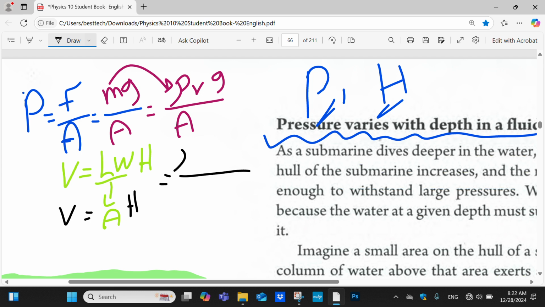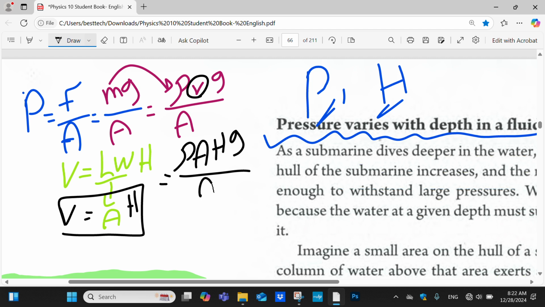Write down the density rho, but instead of the volume, write A H, and bring down the g, over the same area. Now I'm going to tell you why we change the volume to A H. Students, look, here you have the same area in both, so both of them are going to be cancelled.